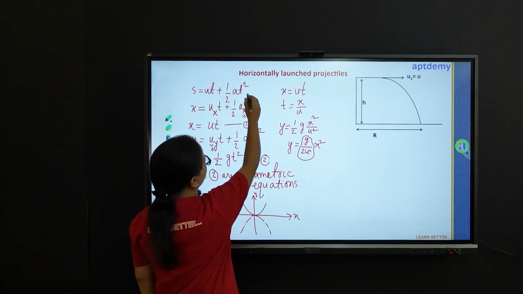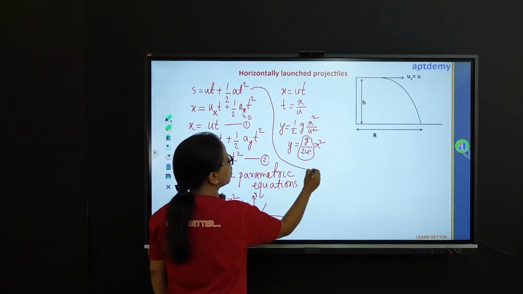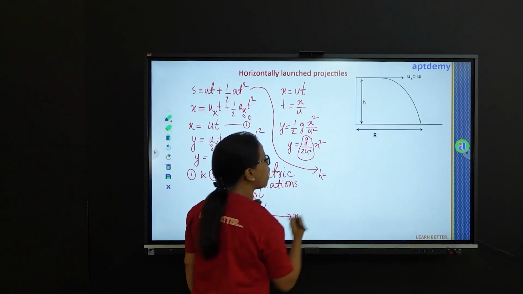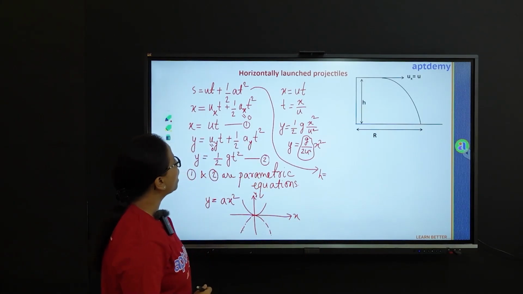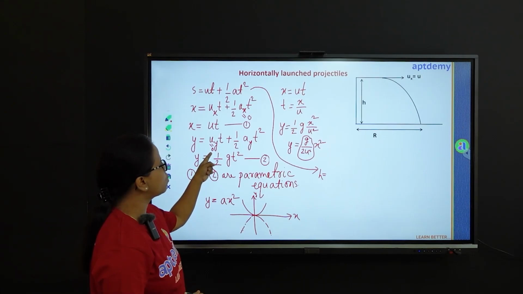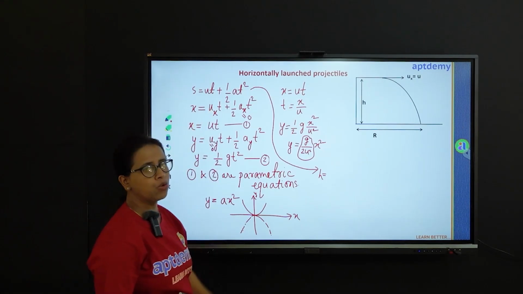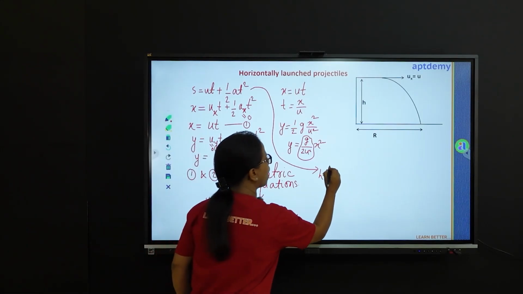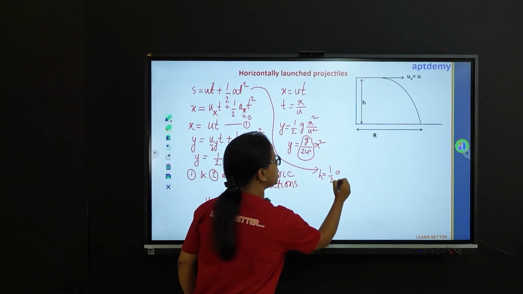So, from this particular equation, we can write h is equal to uy times t plus half g t squared. Uy, there is no component of velocity in the y direction. So, the first term equals 0, and we are left only with the second term, half g t squared.